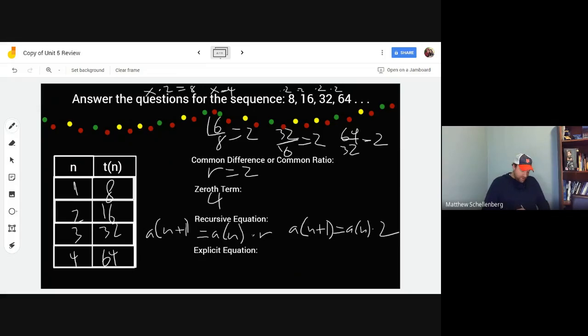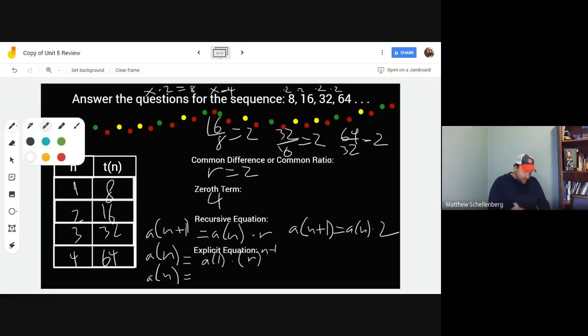For the explicit equation, the generic form is that any nth term is equal to a of 1 times r to the power of n minus 1. So in this case, our a of 1 is equal to 8.